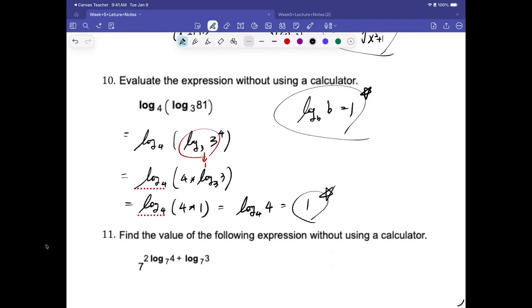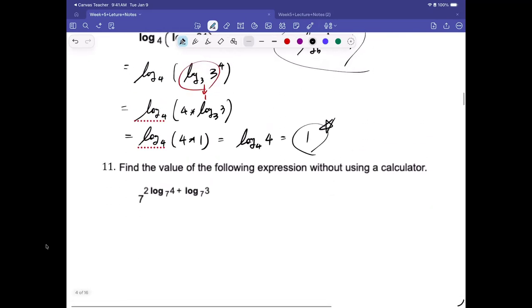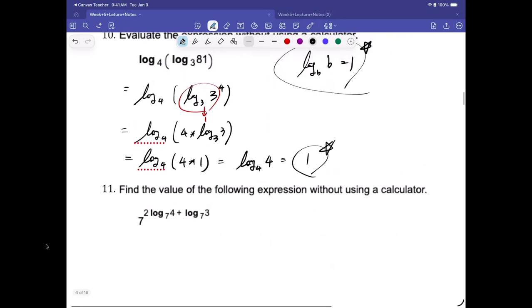So base 4 of 4 is equal to 1. Any question? So next example.